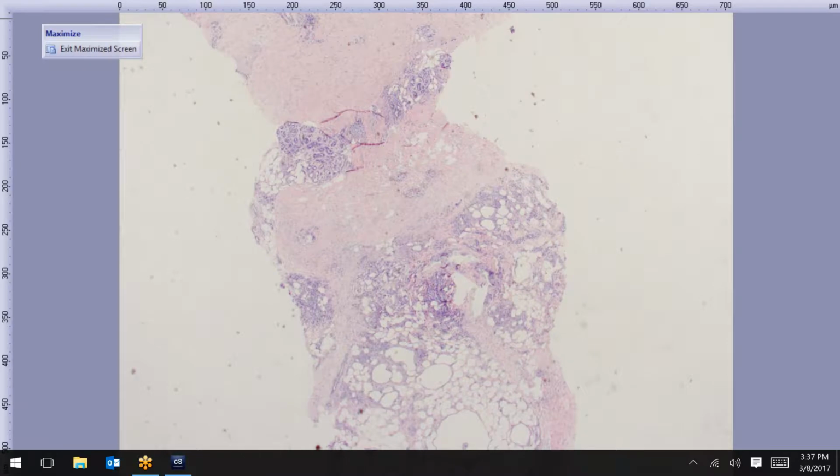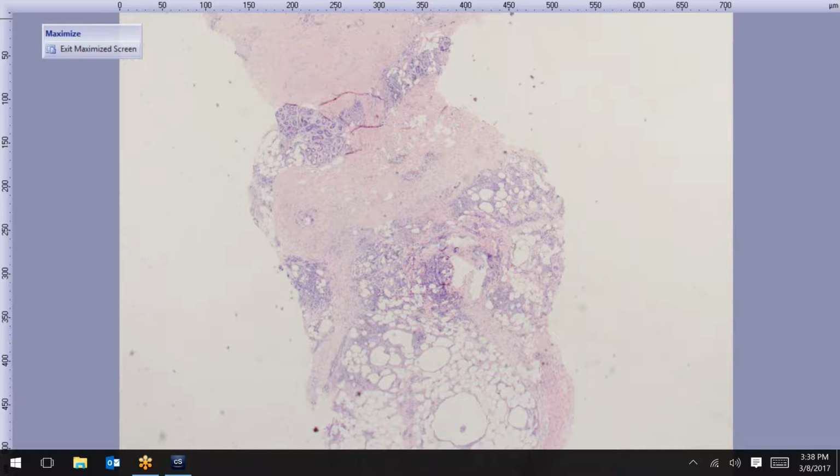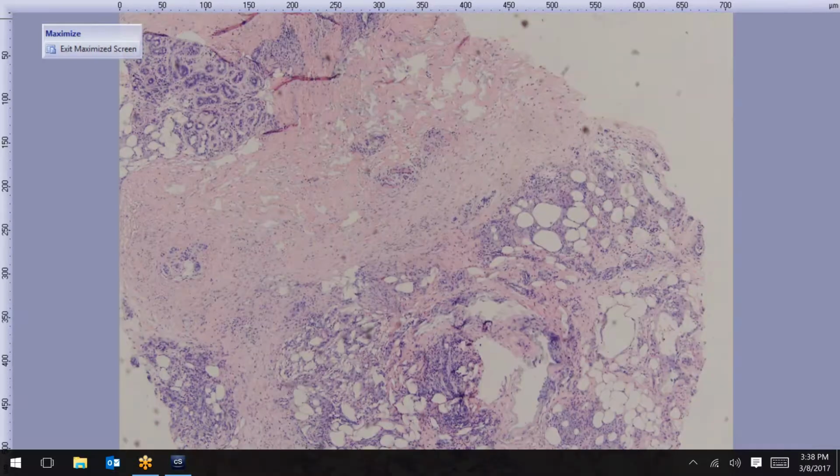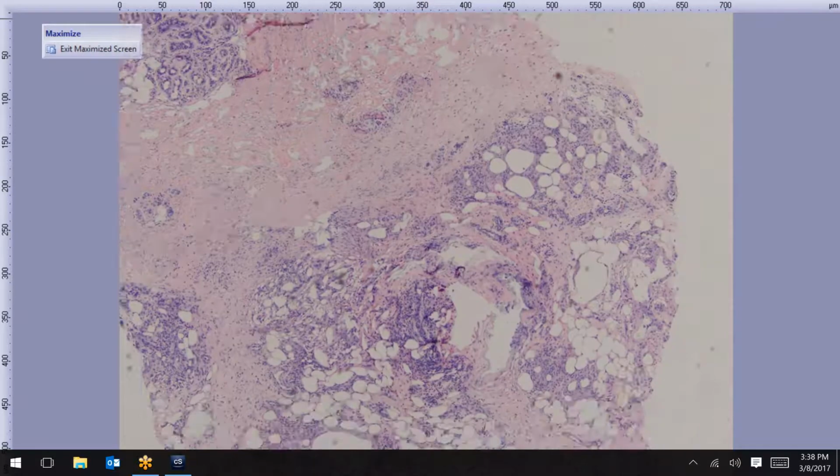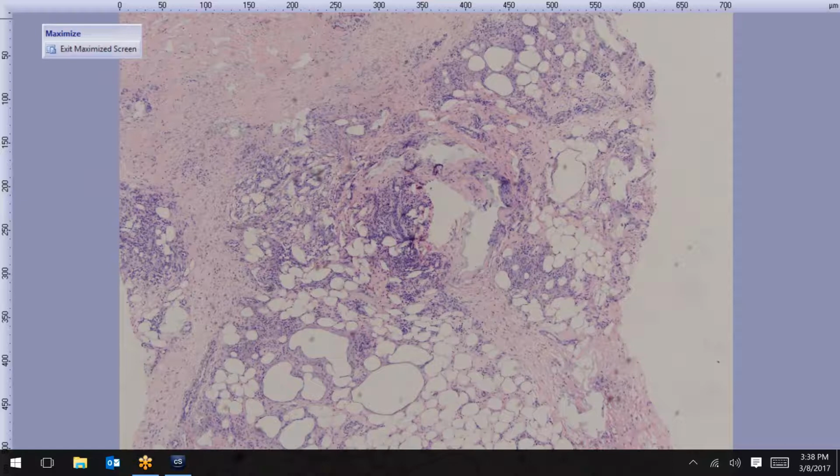So one of my colleagues did a punch biopsy on this patient, and at this power you can see that most of the inflammation is in the subcutaneous tissue.